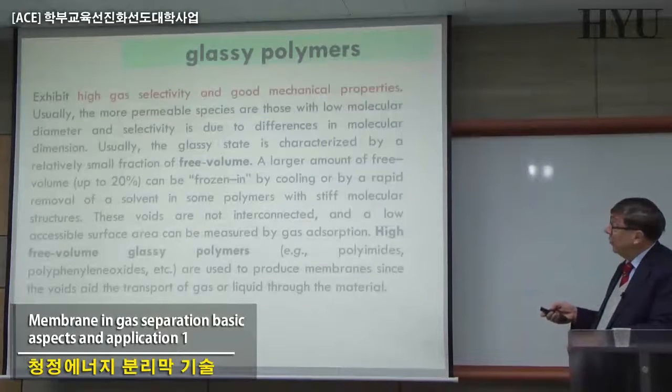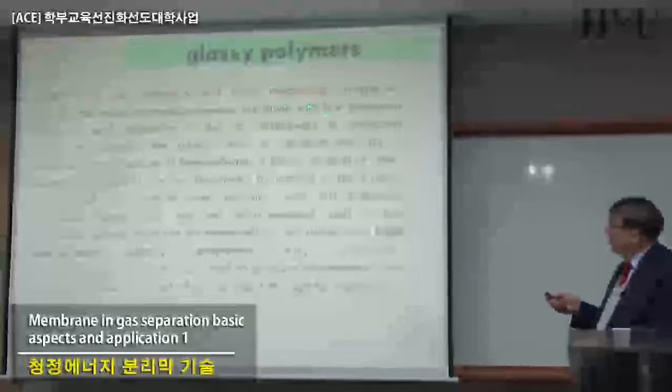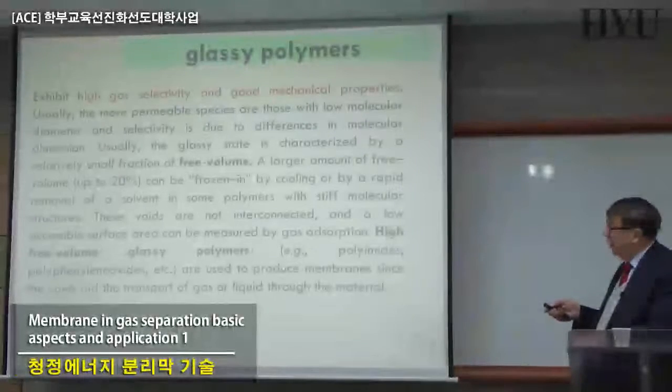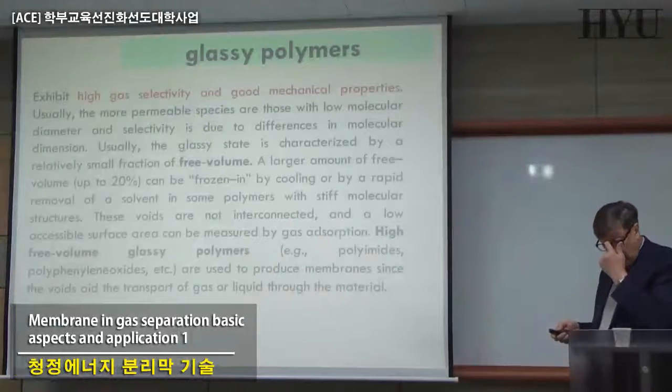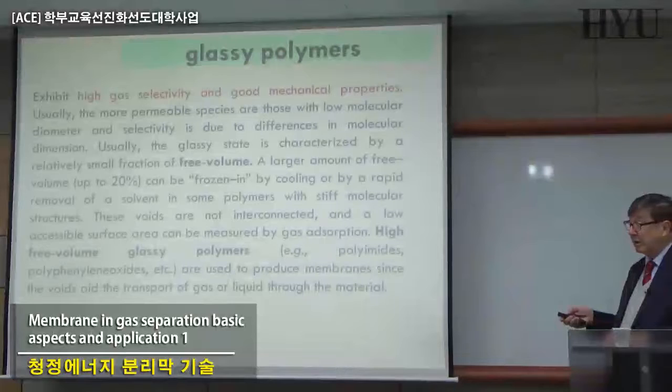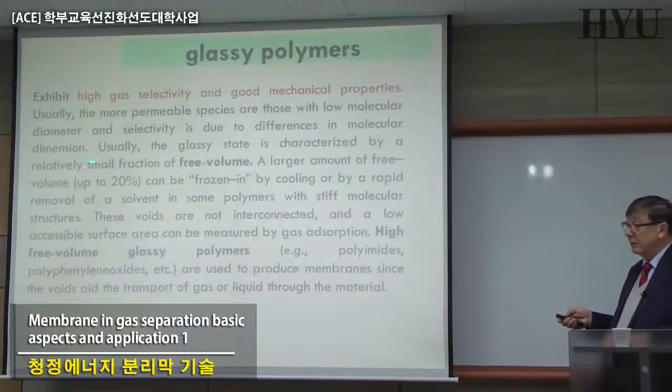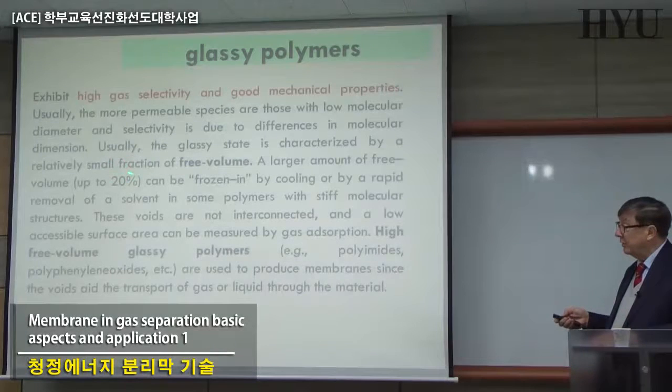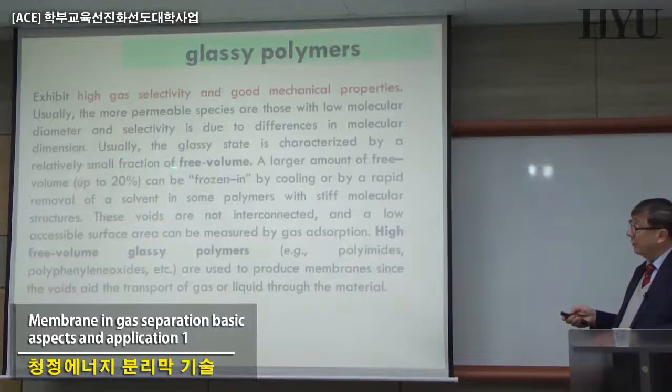The glassy polymers normally have high selectivity and also quite good mechanical properties, but relatively low permeability, and that is related to the fact that the free volume where the penetrant can diffuse is relatively small.